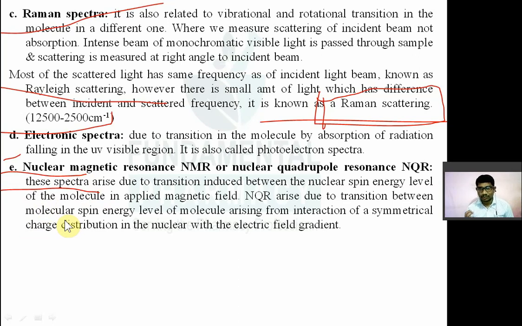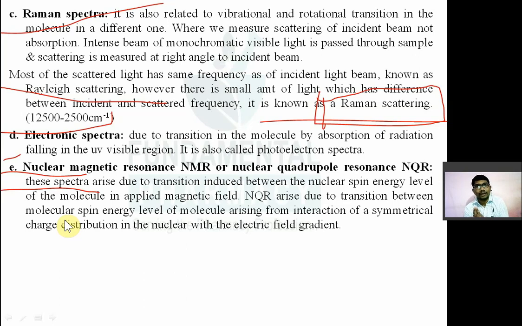Okay, so if you place that atom in an external magnetic field, their spin state can be changed by absorption of radio frequency. ठीक है, अगर आपको कोई molecule है जिसका spin quantum number half integral है 1/2, 3/2 ऐसा, so if that molecule is placed in the external magnetic field, it will either align or it will oppose. It will either stand with the magnetic field or oppose the magnetic field. ये दो possibility.